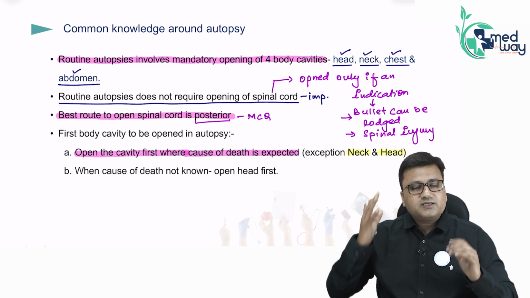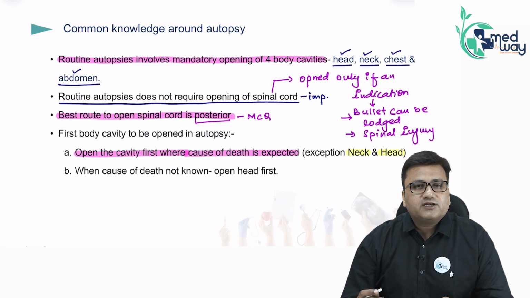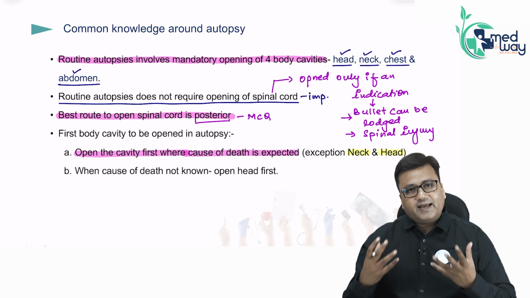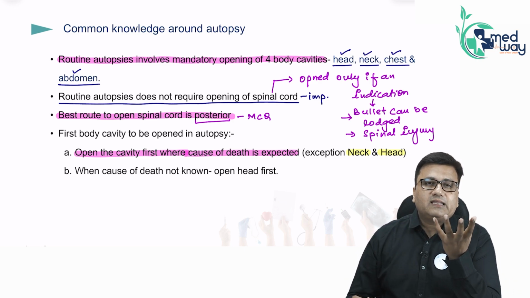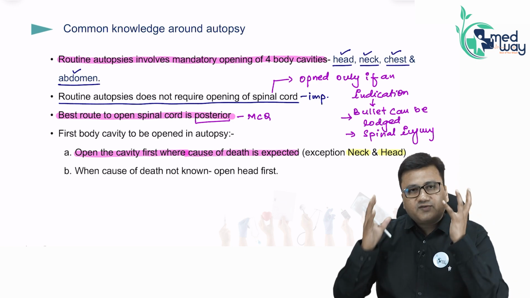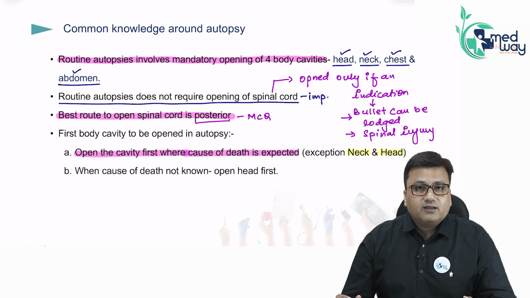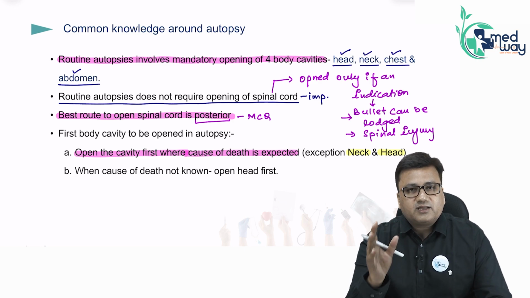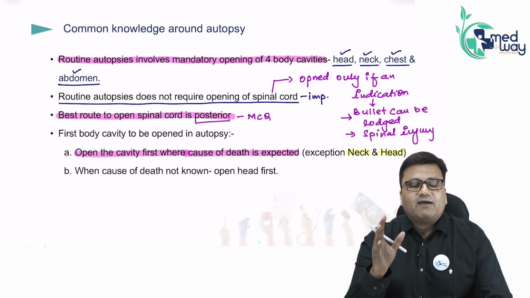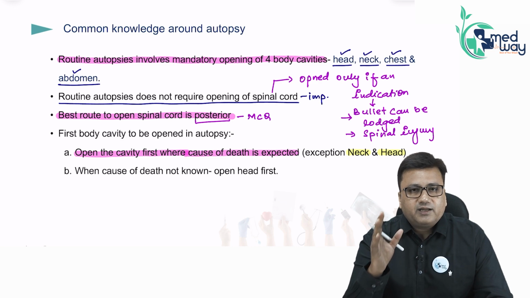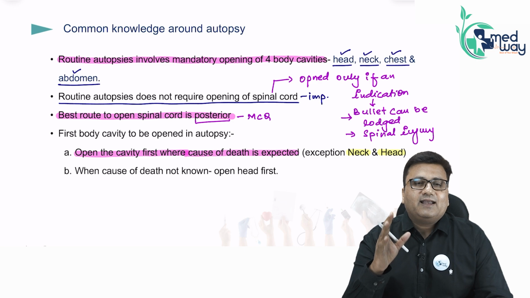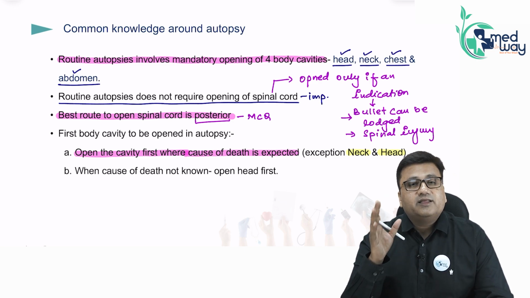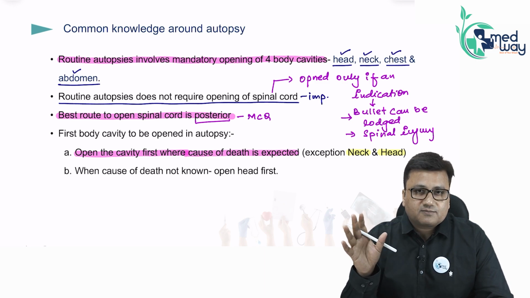If it is a case of head injury where we can see a laceration in the head, and when we open the head we may find bleeding in the cranial cavity, so the cause of death will be found in the head, still do not open the head first. So, the basic thumb rule is, open the cavity where we expect to find the cause of death, but the exceptions are neck and head. Even if the cause of death is present in the neck and head, they should not be opened first.